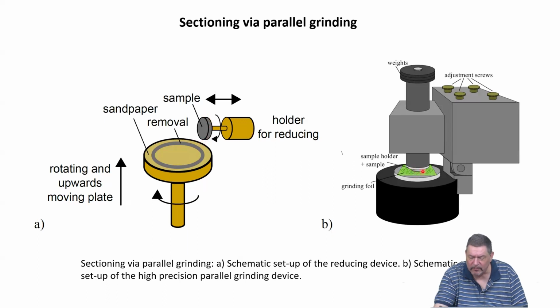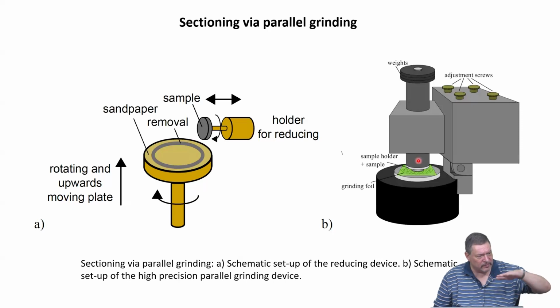Then you put the sample here in plane geometry, and you have a very precisely adjustable grinding device, which grinds off a thin section of your material, and you always collect everything which has been ground off your material.